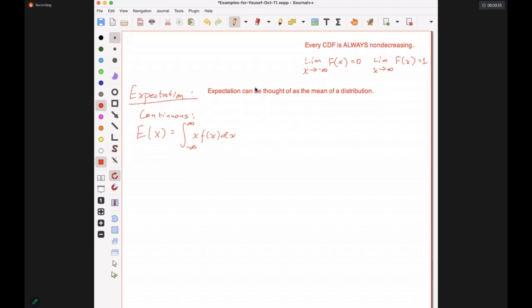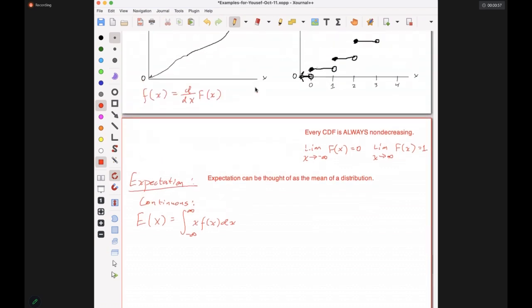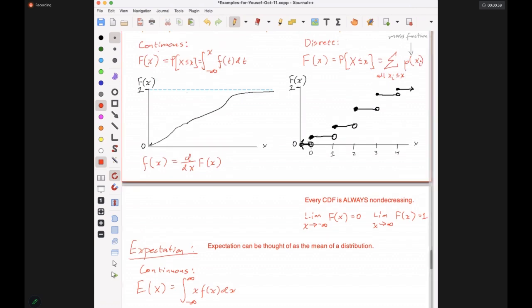Now this is different than what we have above, because for one thing, we're integrating over the entire real line, not just up to the value x, but also we're multiplying here times x within that integral.